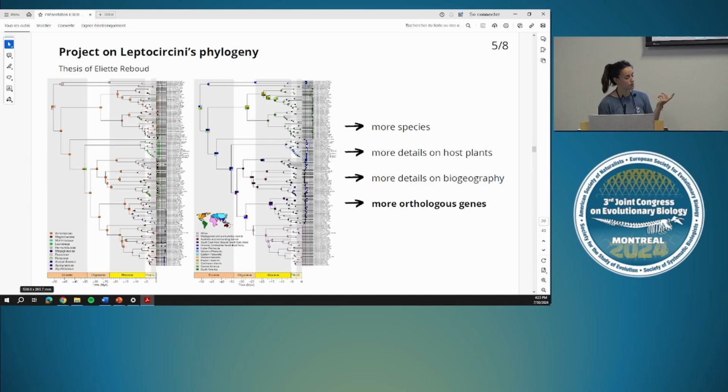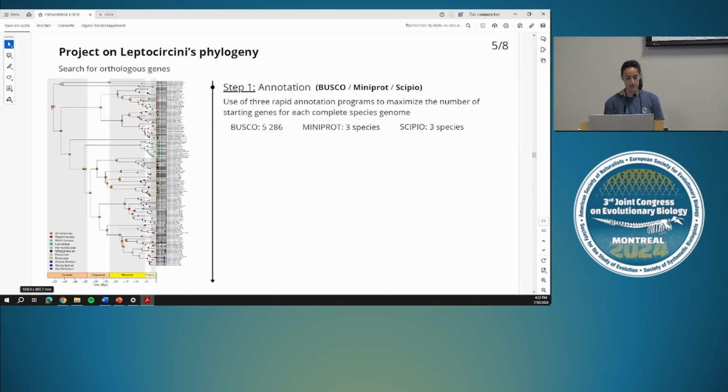It required more than recovering orthologous genes from the complete genomes of the available species. To achieve this, we used the same annotation methods. I use the example of species annotation to show that each program can annotate a very different number of genes.